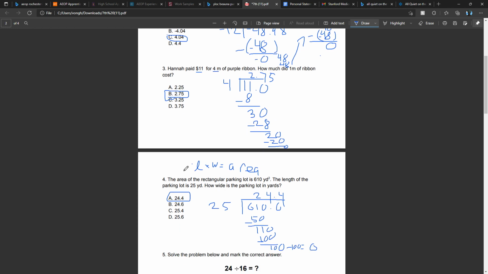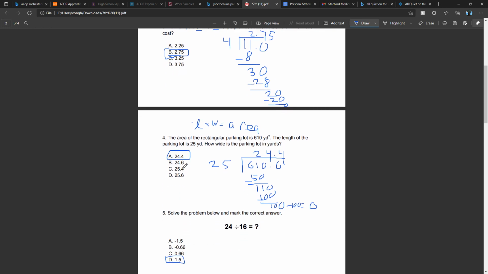Moving on. The area of a rectangular parking lot is 610 square yards. The length of the parking lot is 25 yards. How wide is the parking lot in yards? We know it's the area of a rectangle, and length times width equals area.